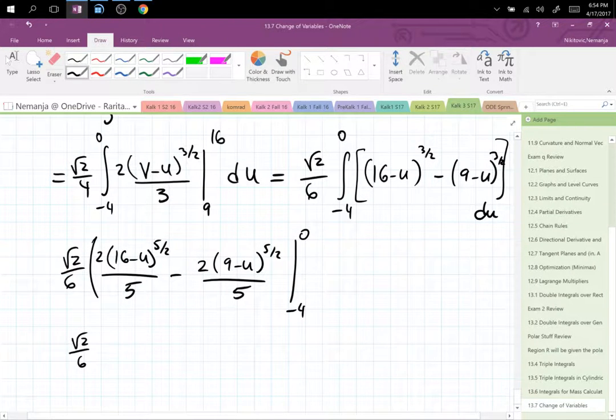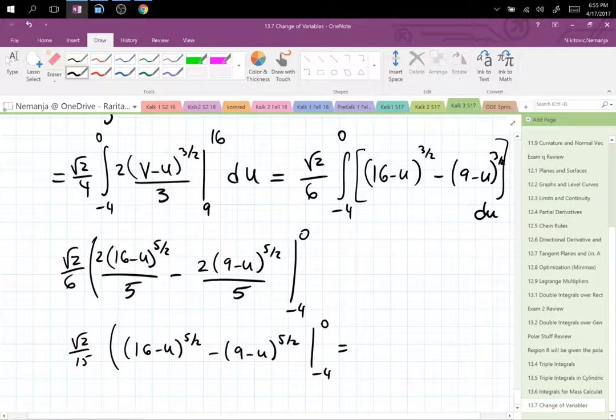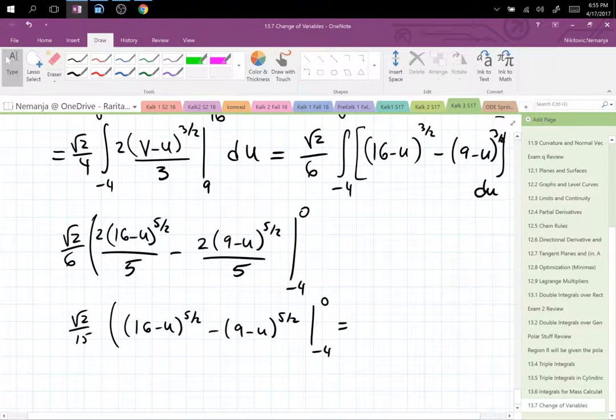Root 2 over 6. I can factor actually 2/5 out. So 2 will cancel, that's a 3 to 15, right? And now I only have to worry about 16 minus u to the 5 halves minus 9 minus u to the 5 halves from -4 to 0. So plug in 0. That's easy.